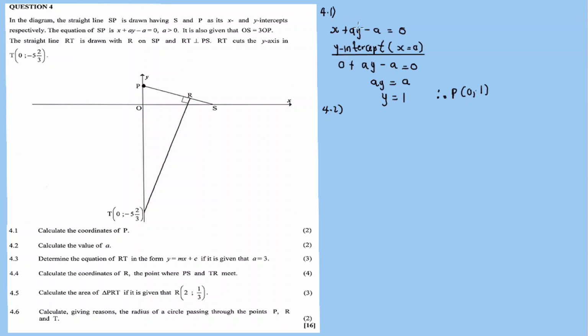I want x and y, so that I can calculate A. But guess what? The y-intercept we cannot substitute because we have calculated it already, right? Instead we will substitute another point into this equation.